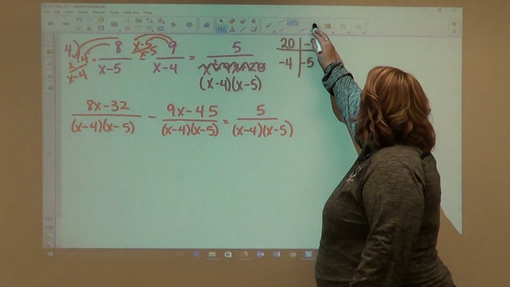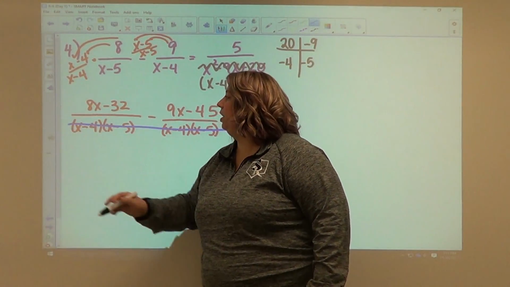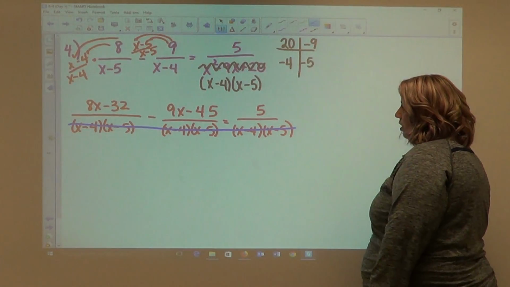Okay, all the denominators are the same, so those cancel out. So you solve the numerator.